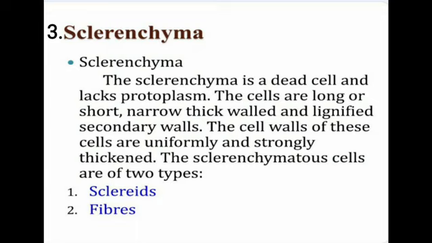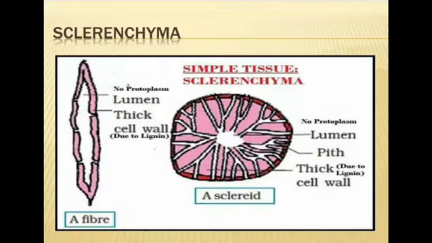The cell walls of these cells are uniformly and strongly thickened. The sclerenchymatous cells are of two types: one, sclereids; two, fibers. Here we can see the different types of sclerenchymatous cells such as sclereids and fibers.